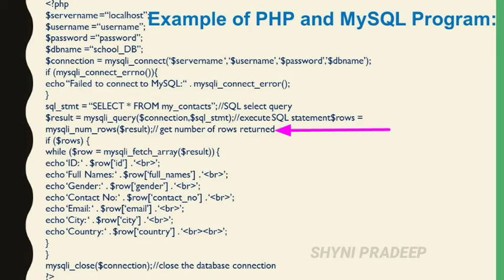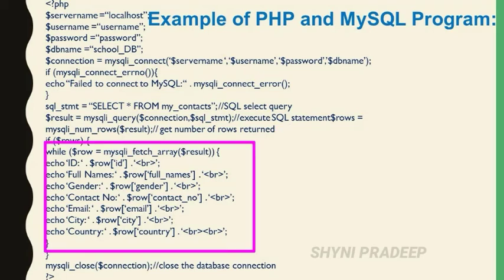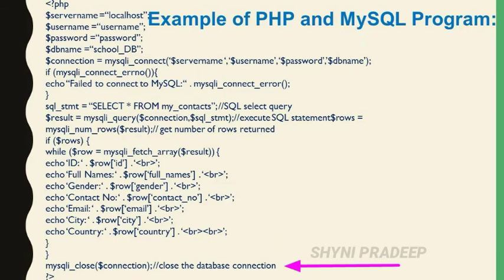Here this is the fetch assoc query. Row is equal to MySQLi fetch array, result. Next, the students' details are given: ID, full names, gender, contact number, email, city, country. Here you have to enter all these things, and after that you have to close the connection to the database server with MySQLi close connection. The last line is the closing tag of PHP.